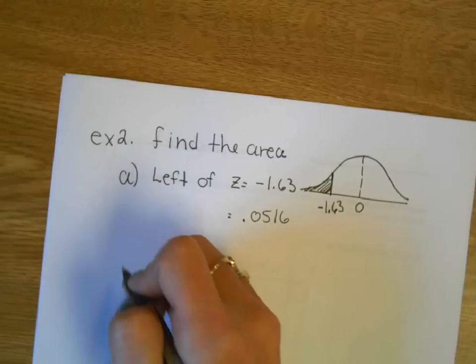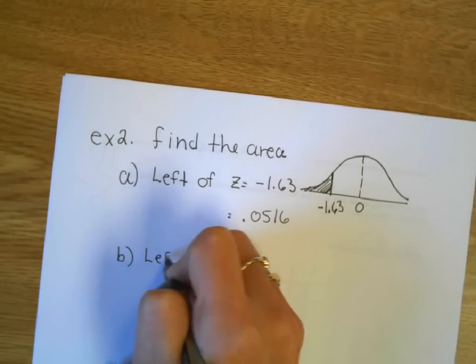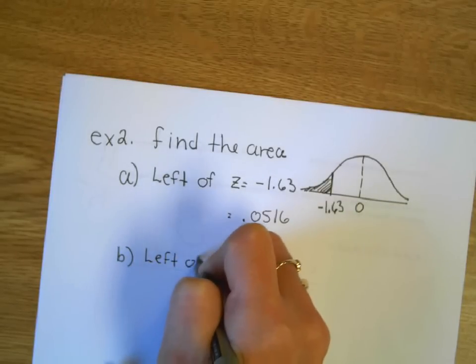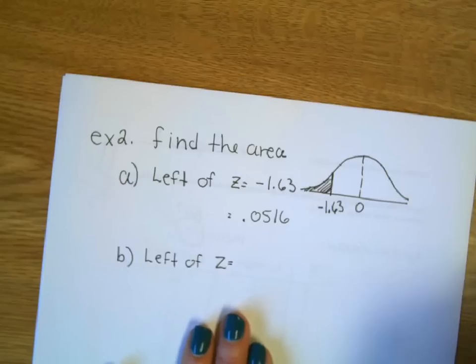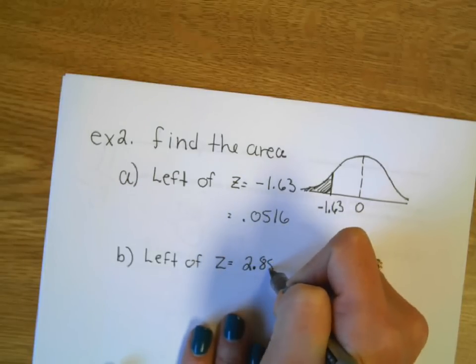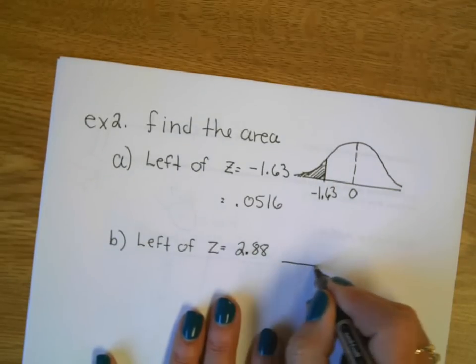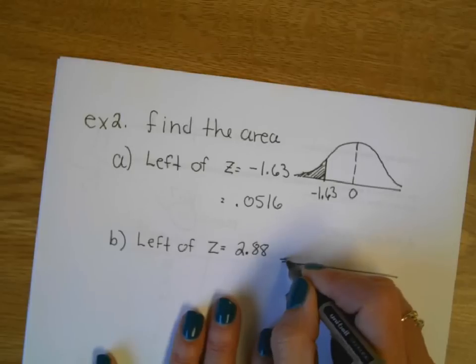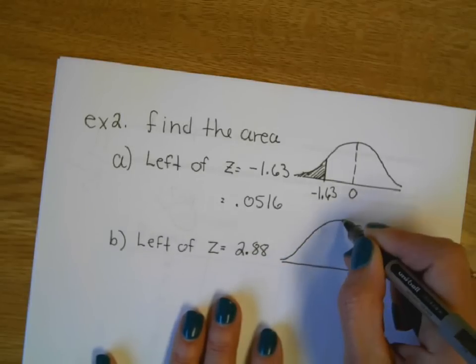Try one more to the left before I challenge you. To the left of z equals 2.88. Make me a sketch first. Should this number be a high area or a low area? Pretty low, we said.